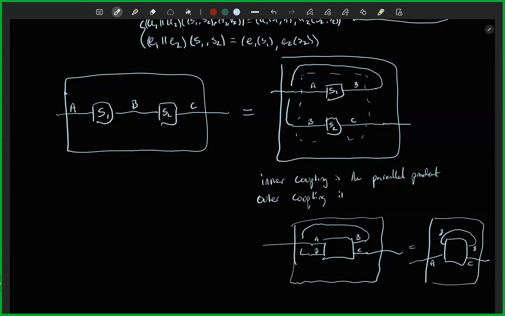Okay, so what you can see is that first, in this two-stage process, to do this composite, we can do first the parallel product.